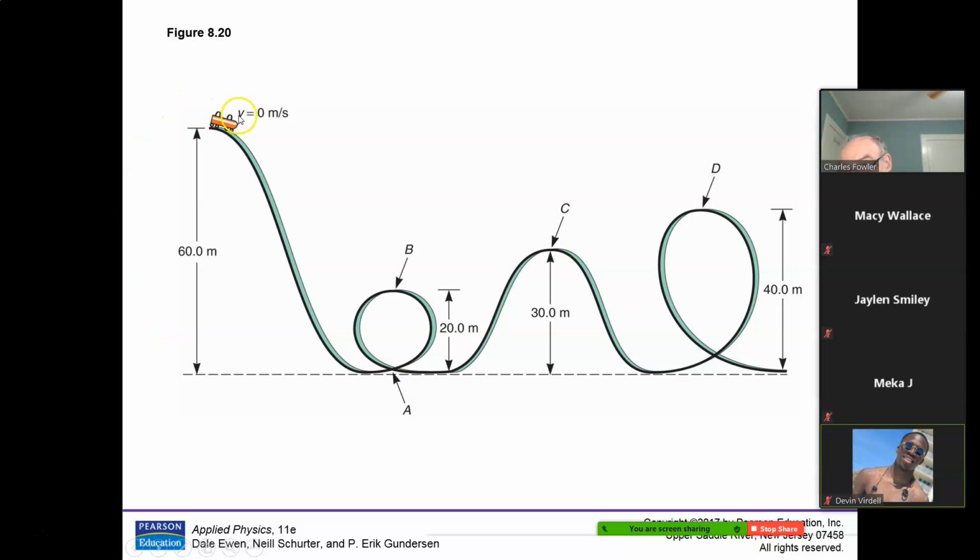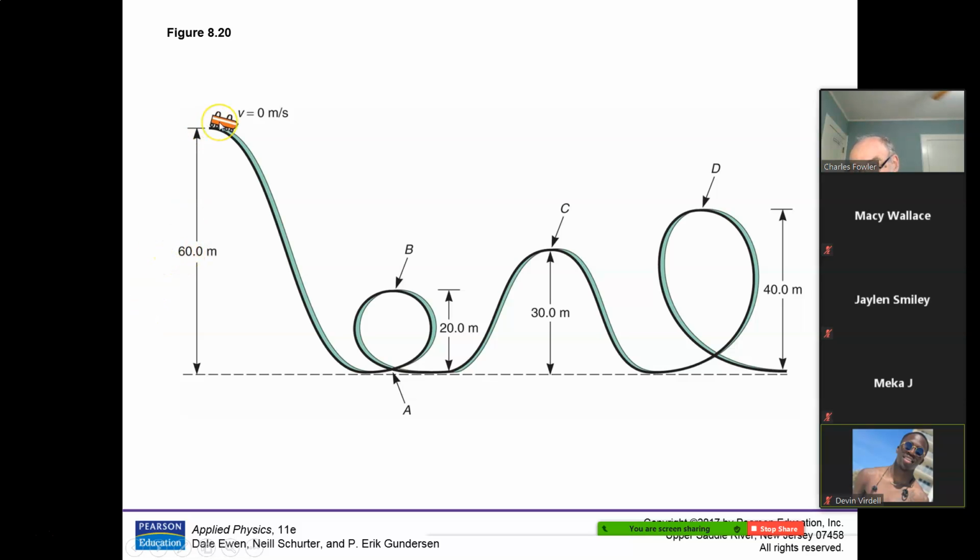And at that point, they're saying you have 0 velocity. You're not pushing that cart, you're letting it roll from rest. So what happens is it goes down, and you can calculate the total mechanical energy here, which is mgh.